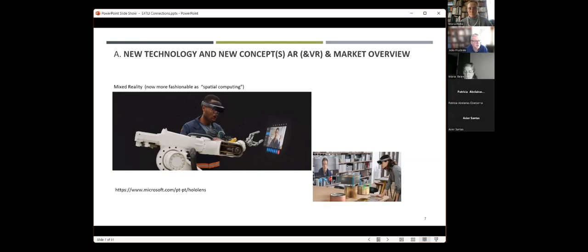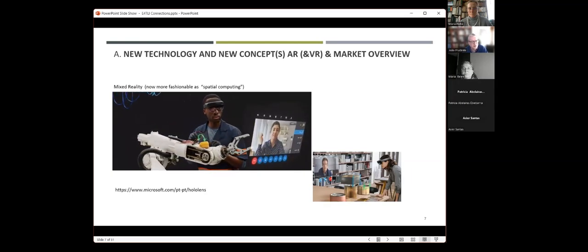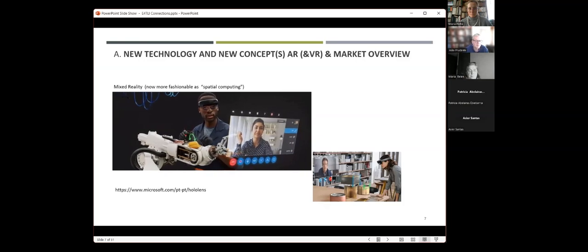One example is mixed reality, that is, to make a video conference where someone in the field service can be guided by someone at home and interact.